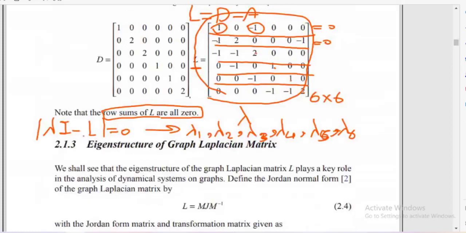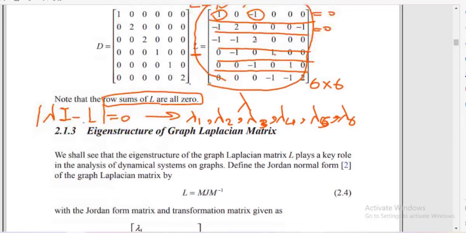There is a note here. Note that the row sums of L are all 0. How can we write this? Let me define this vector like this: 1, 1, 2, 3, 4, 5, 6, like this.